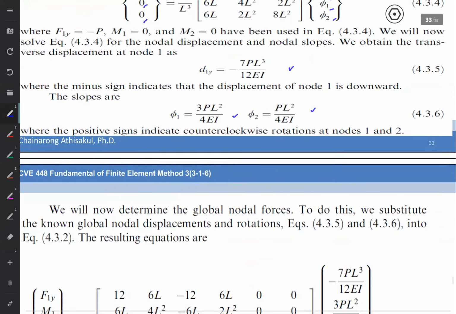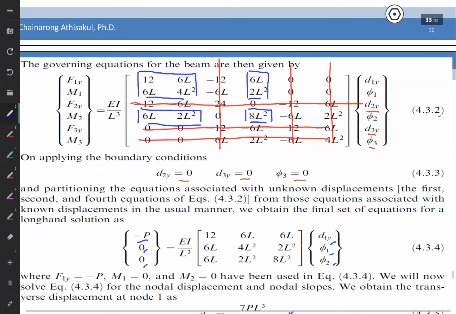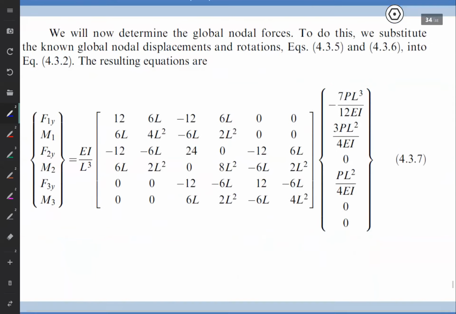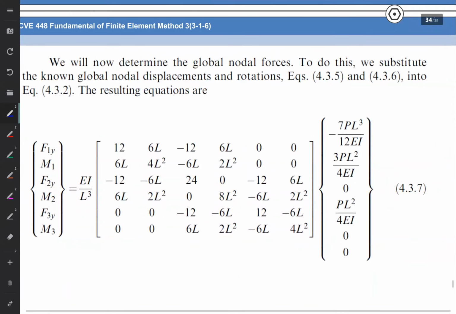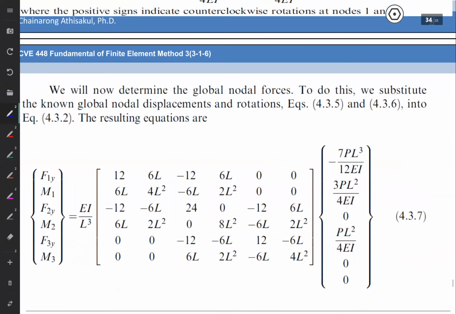So we come back to the total system equation again, the 6 by 6 equation, and we substitute the obtained solution from the previous step into the equation, and also the boundary conditions.